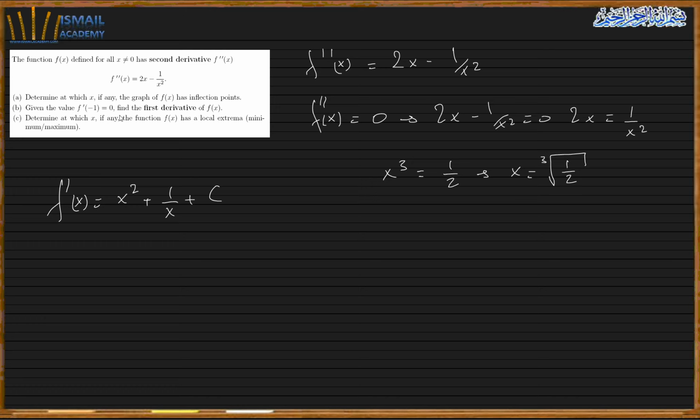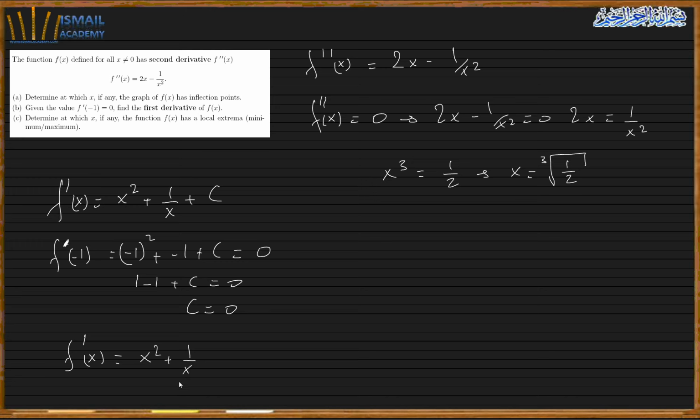Then I use minus 1 to find c. So f prime of minus 1 is minus 1 squared plus 1 over minus 1 plus c, which equals 0. So 1 minus 1 plus c equals 0, therefore c equals 0. So f prime of x is x squared plus 1 over x.